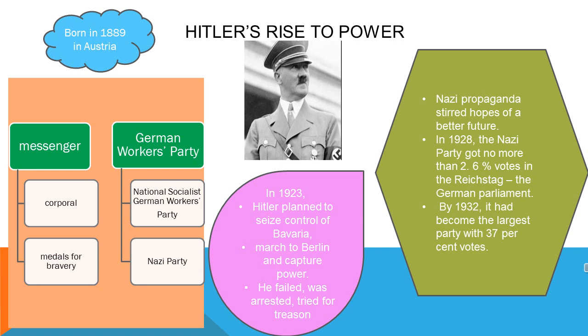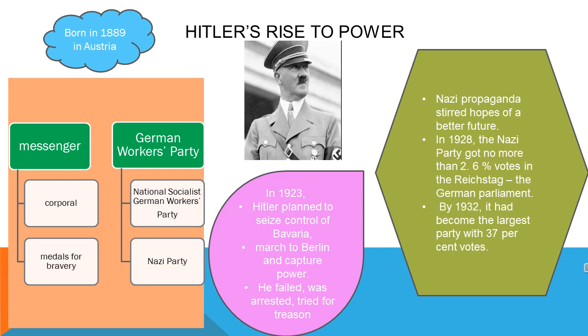So in 1919, he joined a small group called the German Workers' Party. He subsequently took over the organization and renamed it the National Socialist German Workers' Party. This party came to be known as the Nazi Party.